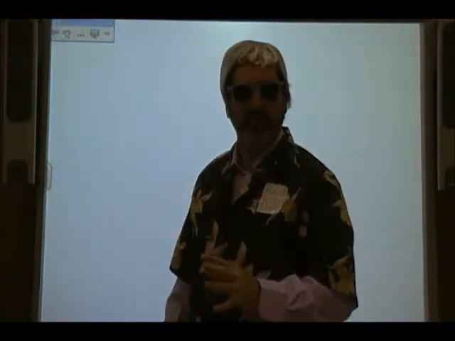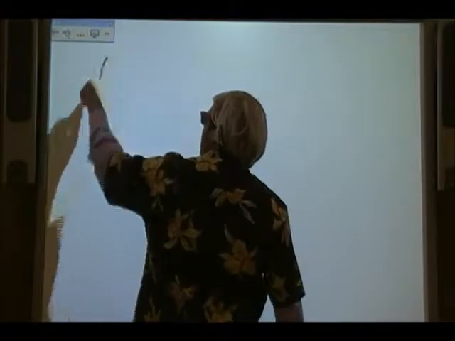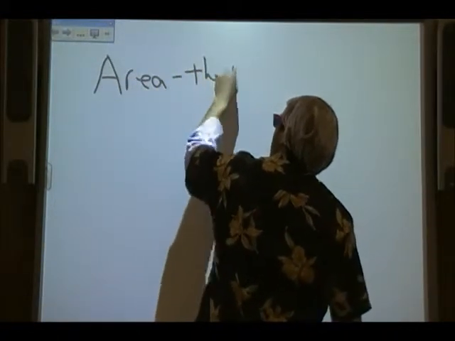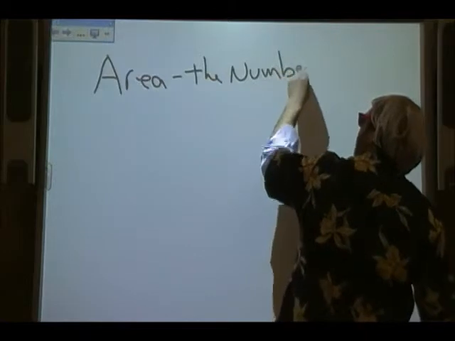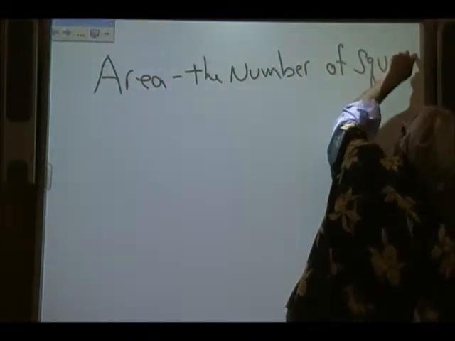They could be little squares or big squares. The number of squares that fit into a shape called a polygon. Area is the number of squares.